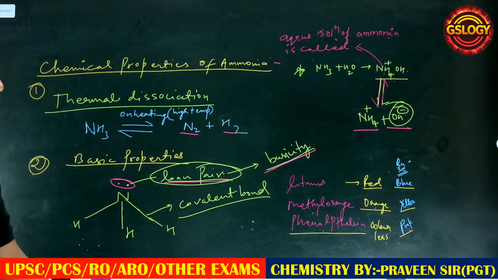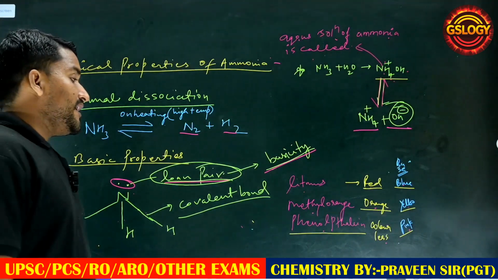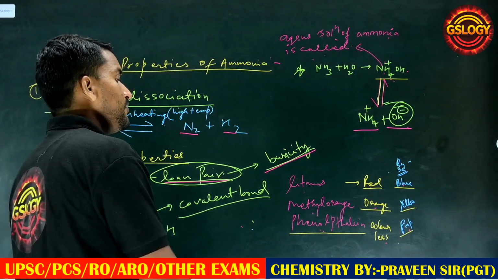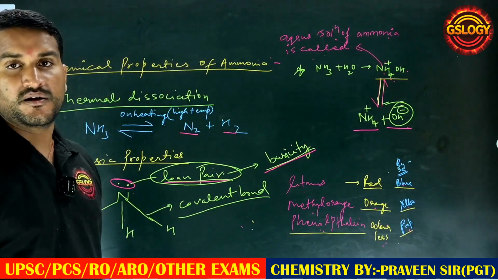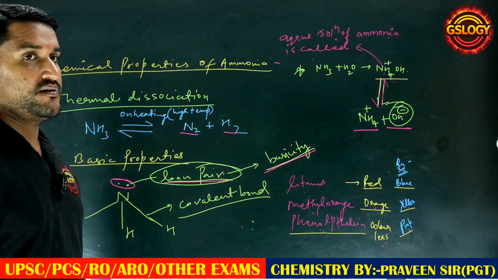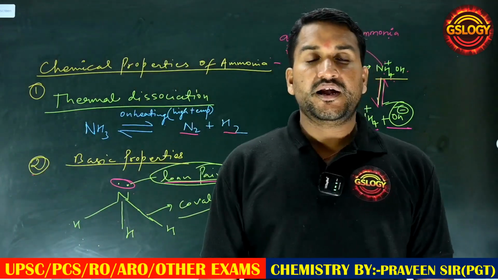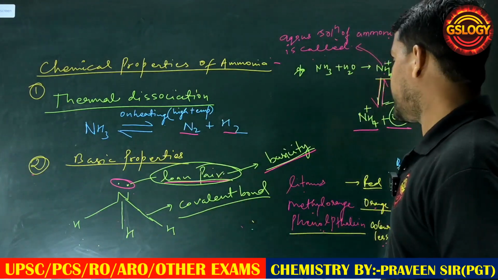Red litmus turns blue, methyl orange turns yellow, and phenolphthalein turns from colorless to pink. Clear? All these are proofs that indicate ammonia is basic in nature.